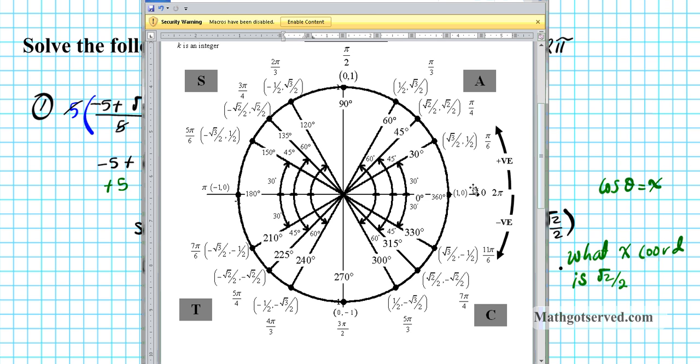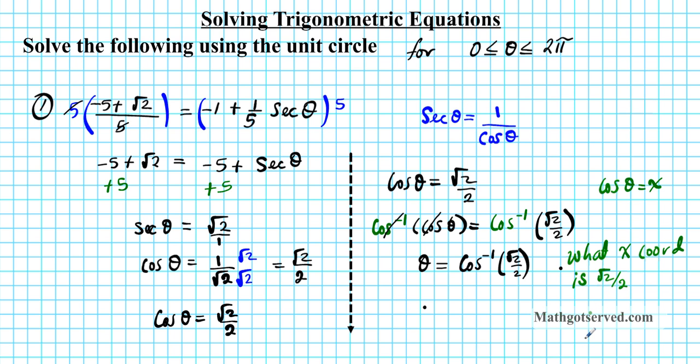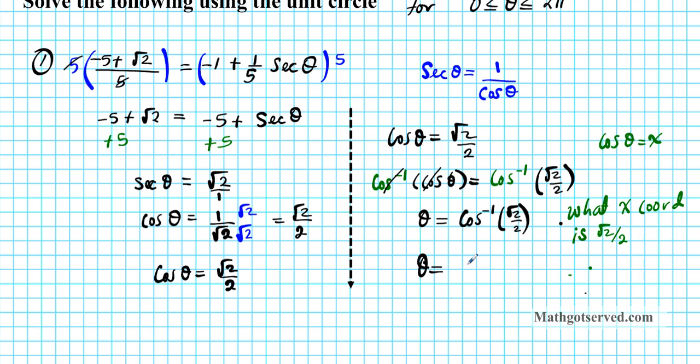So the only two angular values where the x-coordinate is positive root 2 over 2 are 7 pi over 4 and pi over 4. Okay? So our answer is going to be, let's go ahead and write this down. Theta has two values. Theta is equal to pi over 4 and 7 pi over 4.